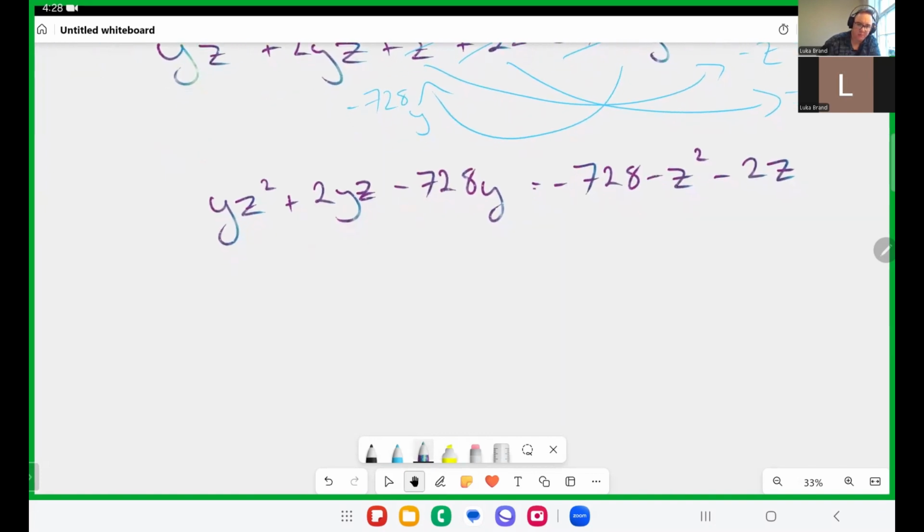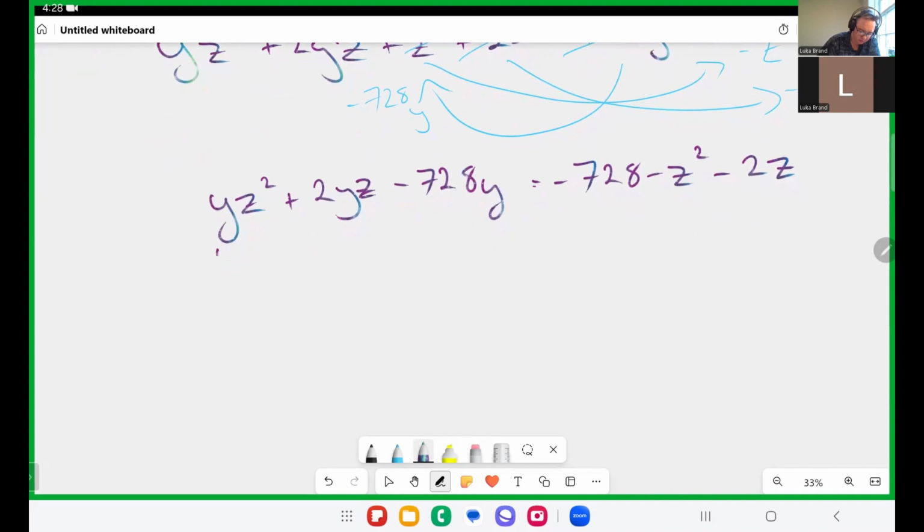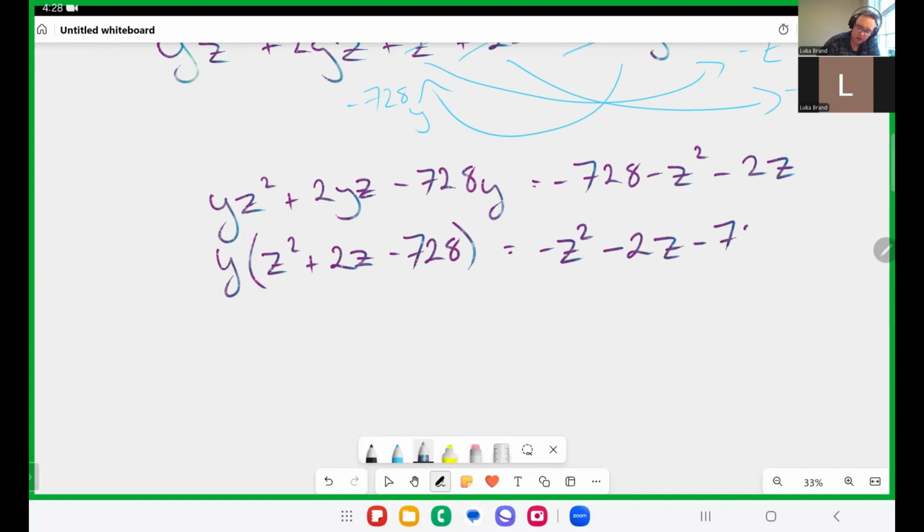Now again, we're going to pull out the common factor, which is in this case y. And I am going to rearrange this side so it is in the form plus or minus z squared, so it is in descending powers. You don't need to do that. It is not a requirement, but again, I find it easier to see what I've got.